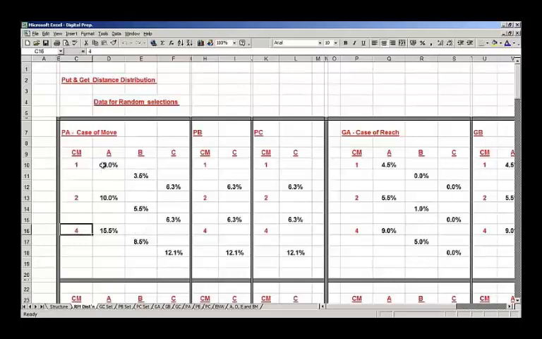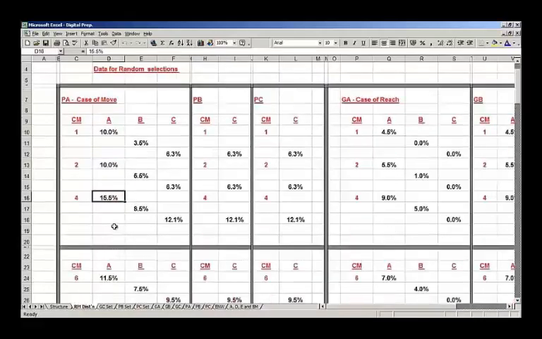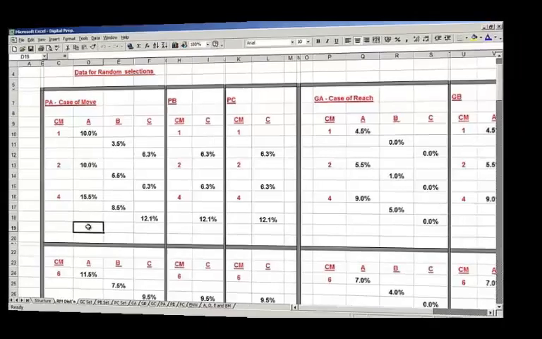For example, with PA, 10% of the motions are 1 centimetre or less. Looking at this first PA, about 35% all fall within the first distance category, PA5.